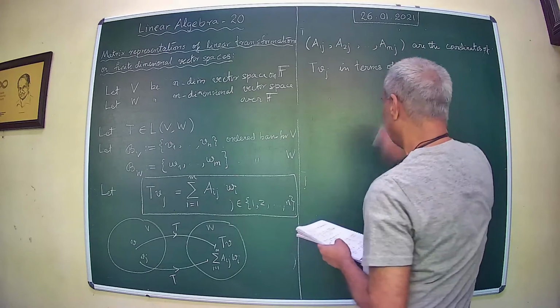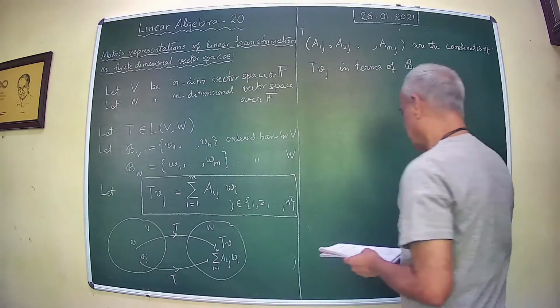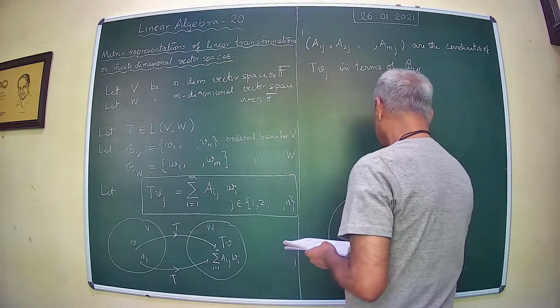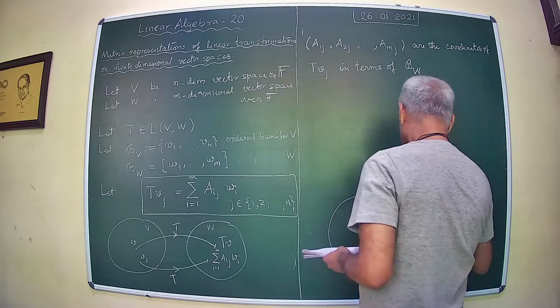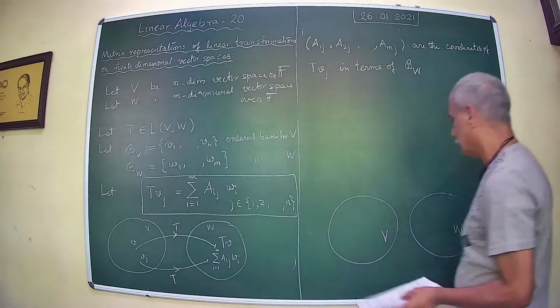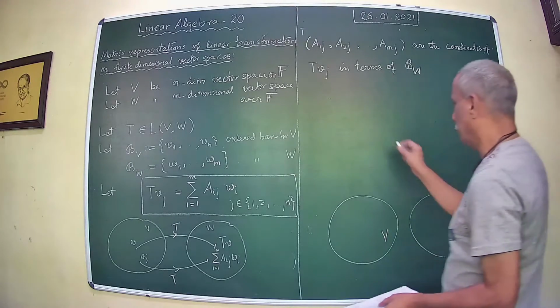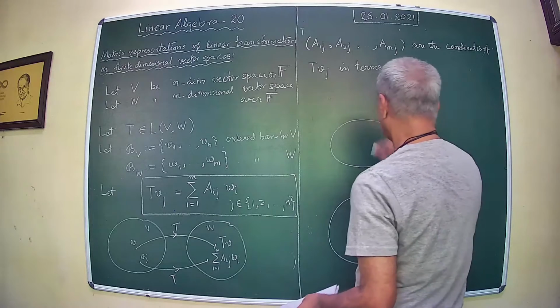Now see the picture that emerges is this. So you have V and W. Now you have got an isomorphism.